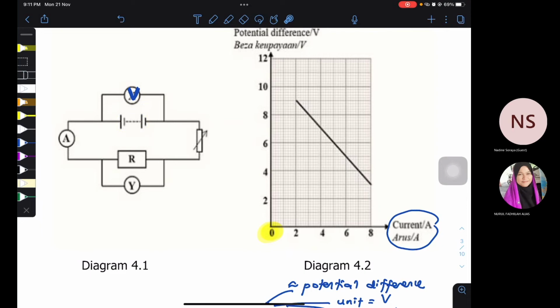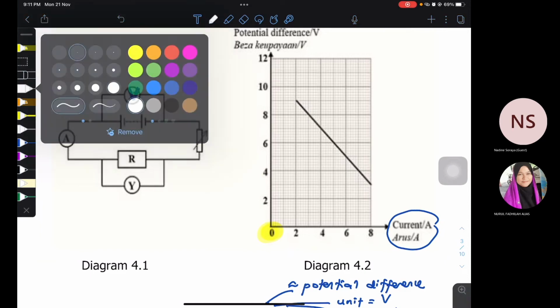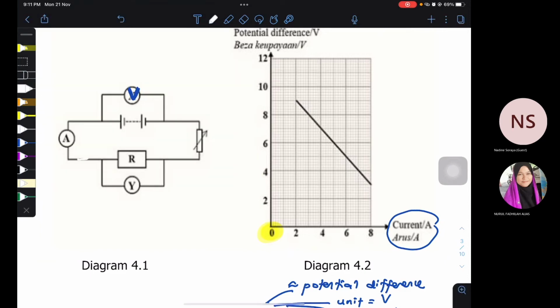Bila you letak parallel macam tu and circuit ni terbuka, circuit ni maksudnya tak lengkap, litar terbuka. So, macam tu kan. Tak bersambung kat situ. You will notice you will get maximum value. Vmax. Bila dapat Vmax? When current is 0 ampere.